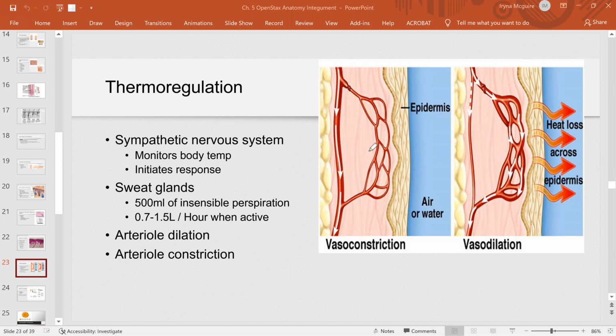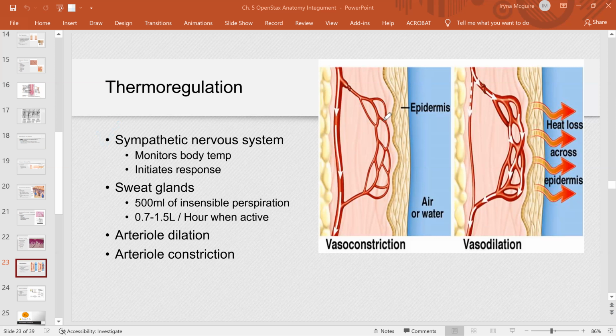Now, when you're under stress, you have a part of your nervous system called the sympathetic nervous system. This is your fight or flight response. This part of your nervous system monitors your body temperature and initiates the response.